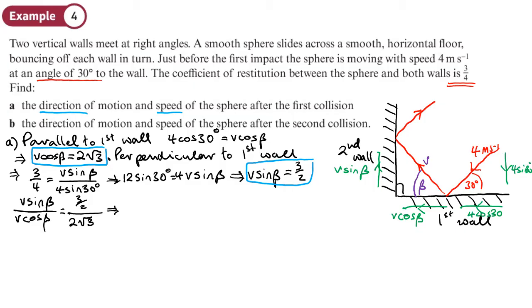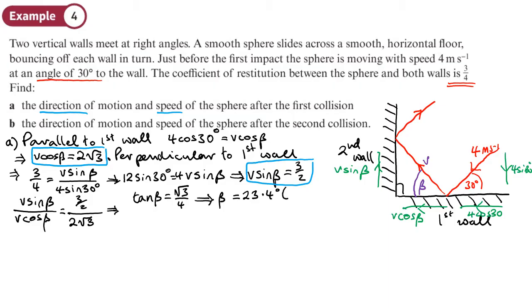So from that I will get tan beta equals, let's work out what this gives us. That's root 3/4. So tan inverse of that will give us beta. Let's do that. Tan inverse will give us 23.4 degrees.